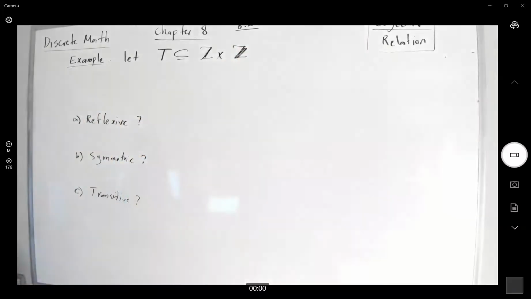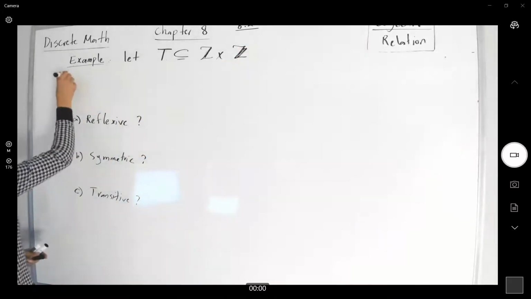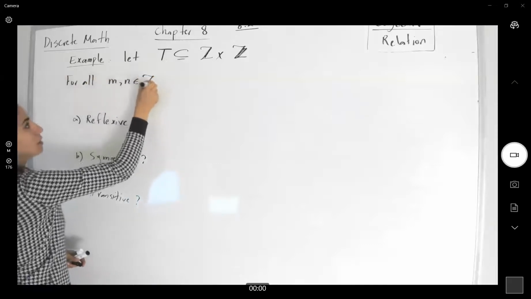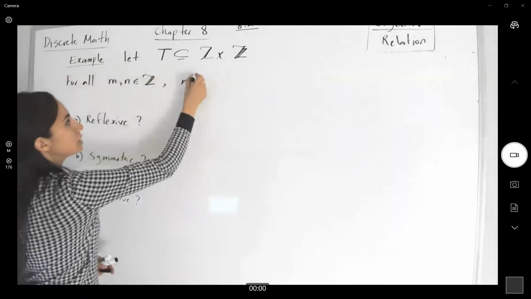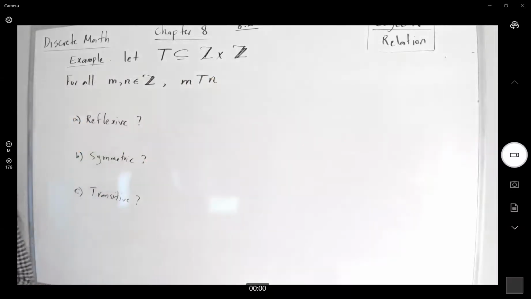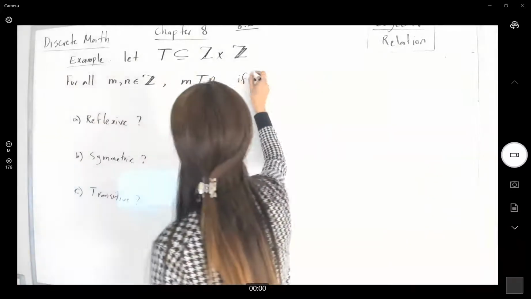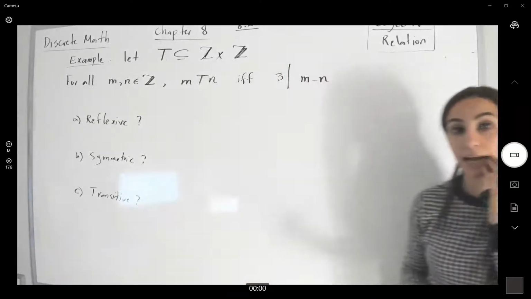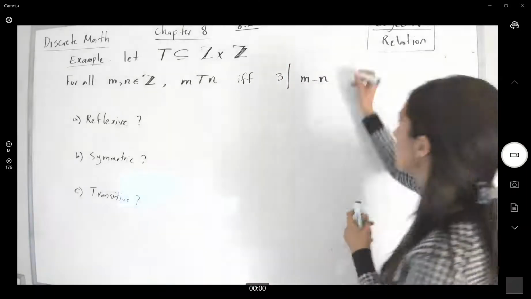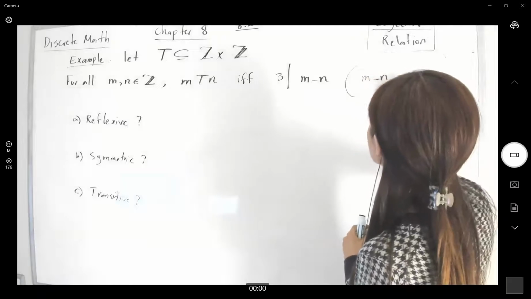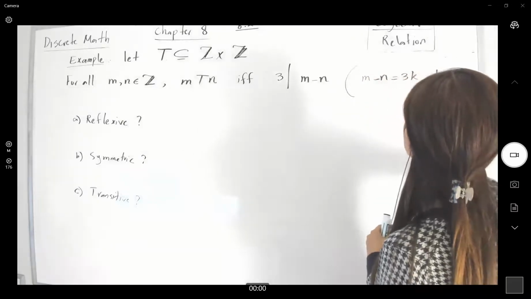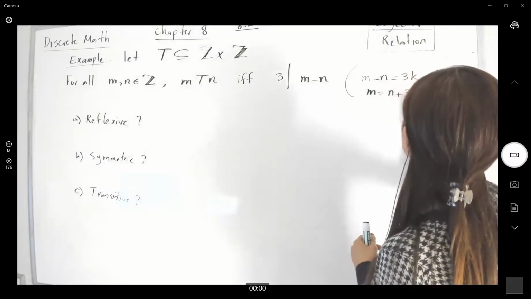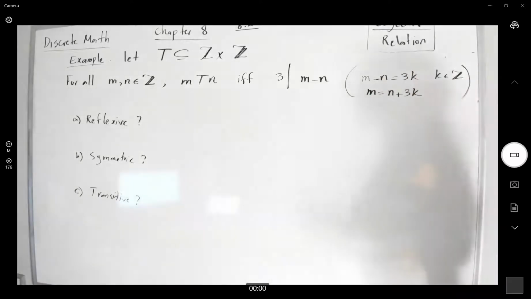We say that for all integers M and N, M is in relation with N if and only if 3 divides the difference between M and N. What's the meaning of that? It means that M minus N is equal to 3K, K an integer, or M is N plus 3K. That's the meaning of that.